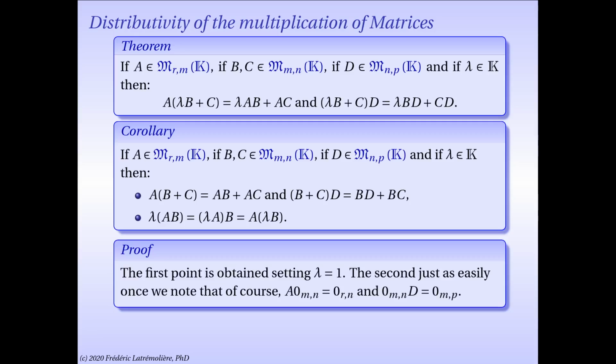The first property follows from our theorem using lambda to be the scalar 1. The second property also follows from our theorem by noting in passing that multiplying a matrix by a zero matrix gives a zero matrix. Note that the sizes of the matrices must be consistent. We also remark that multiplying by a scalar lambda is the same thing as multiplying by lambda times an identity matrix.